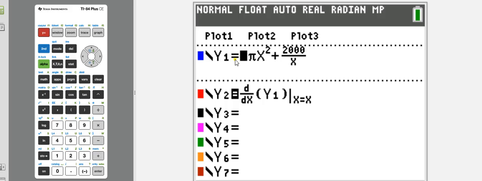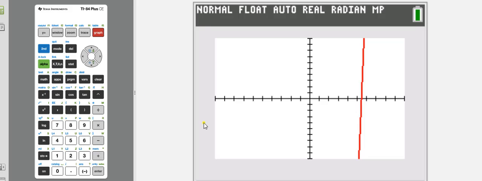So again, I deselected y once because I just want to see the graph of the derivative of the surface area. So let's graph it. And this is the value you get. And again, you might have to change the window to look at your graph. And you have to find the value of that.